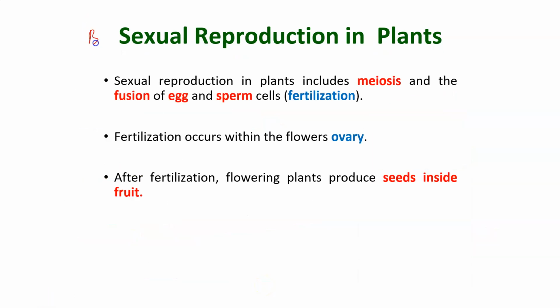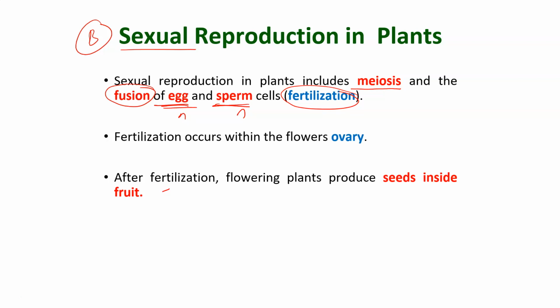The second type of reproduction in plants is sexual reproduction. This involves meiosis, which is required to produce sperm and also eggs, and then the sperm will fertilize the egg. The process is fertilization. It involves fusion between sperm and eggs. Each sperm and egg carries a haploid nucleus.